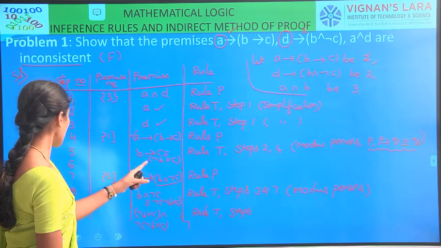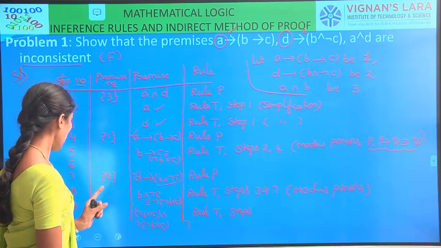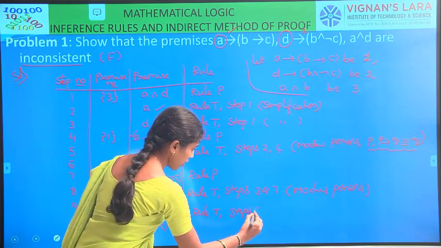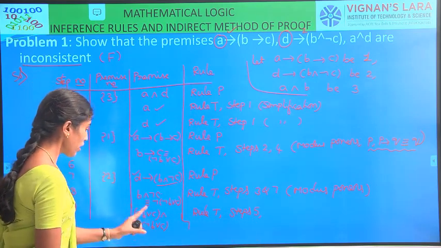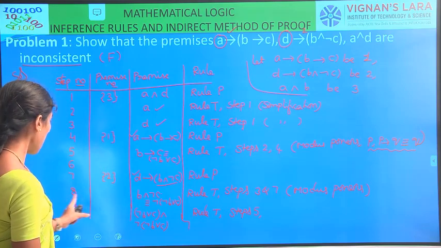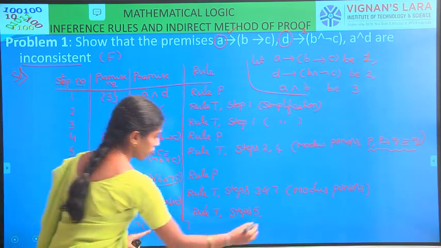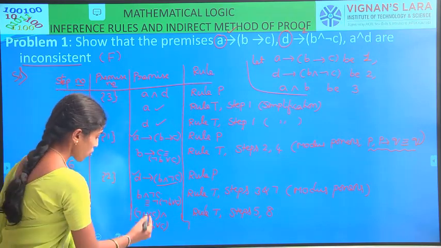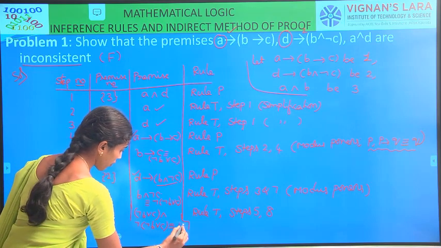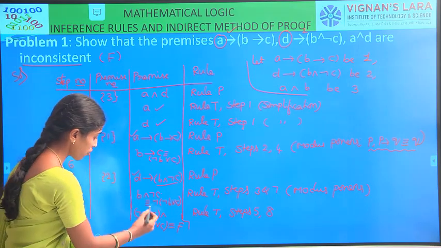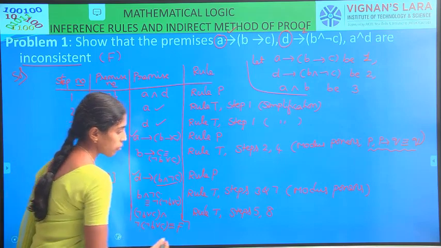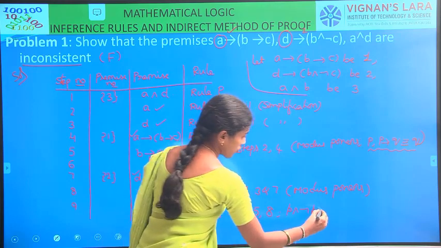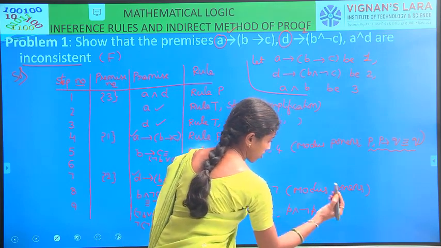In step number 5, we get negation B or C. In step number 8, we get negation of negation B or C. So it is equivalent to false because it is of the form P and negation P. What is the formula of P and negation P? Which is equivalent to false.